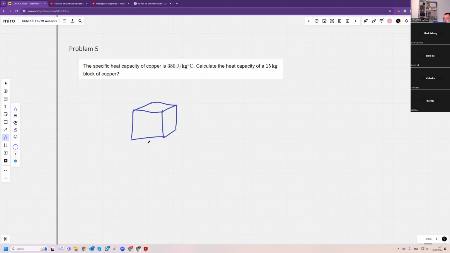It's just a question about understanding what specific heat capacity is and what heat capacity is. So heat capacity is mass times specific heat capacity. Basically, that's it. So just 15 multiplied by 380, which is 5,700 joules per Celsius.